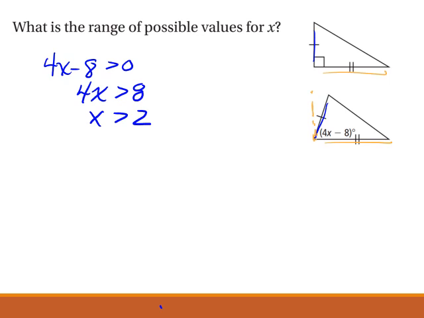So my other equation is going to be 4x minus 8 has got to be less than 90 degrees. Hmm, so 4x is less than 98. x is less than 98 divided by 4, which is 24.5.